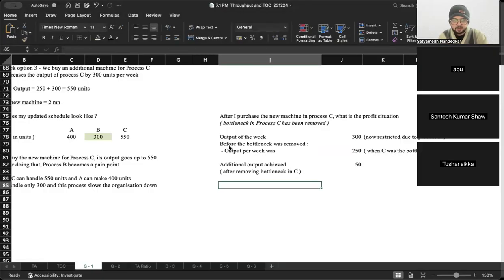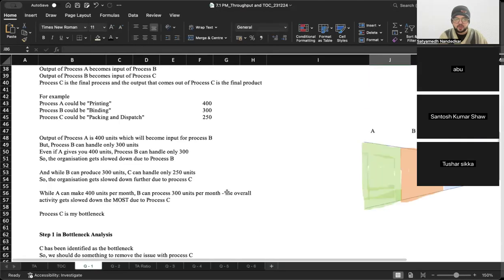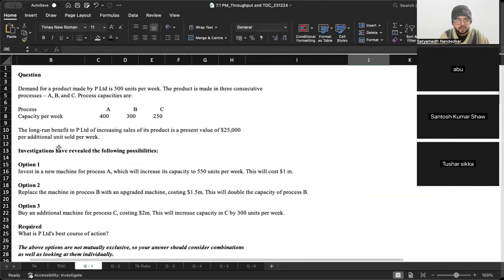Okay. And that means additional benefit earned: 50 into 25,000. How much is it? 12 lakh 50,000. What is this 25,000? The long run benefit to P of increasing sale of its product is a present value of 25,000 per additional unit sold per week.